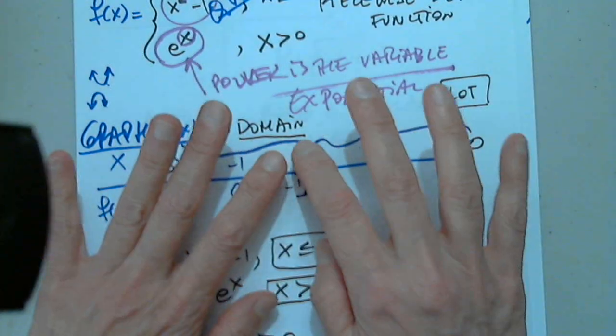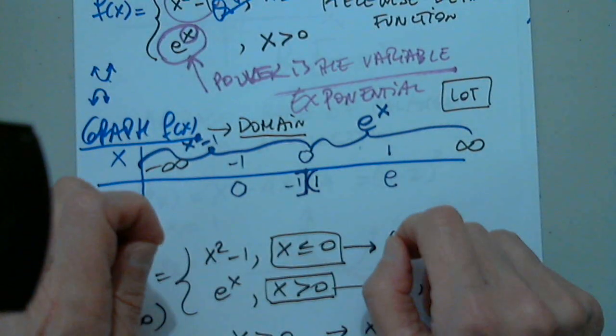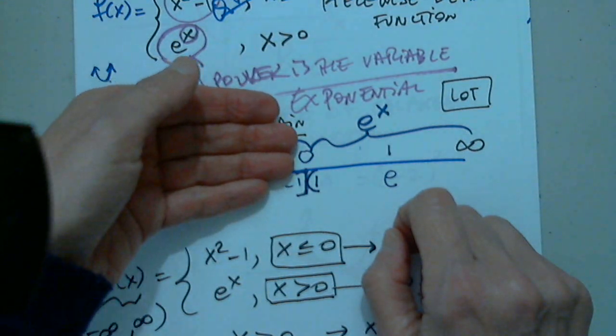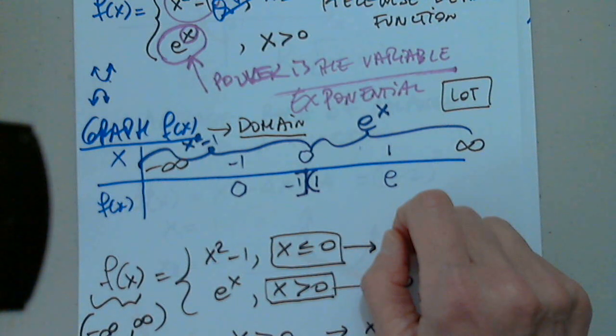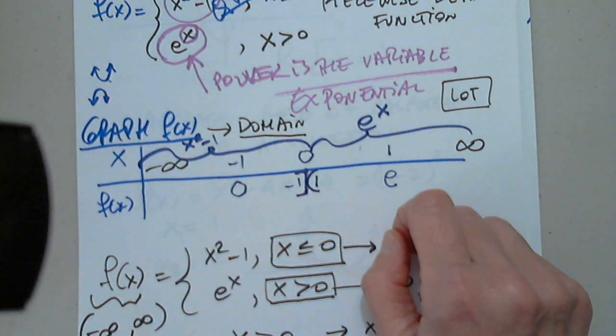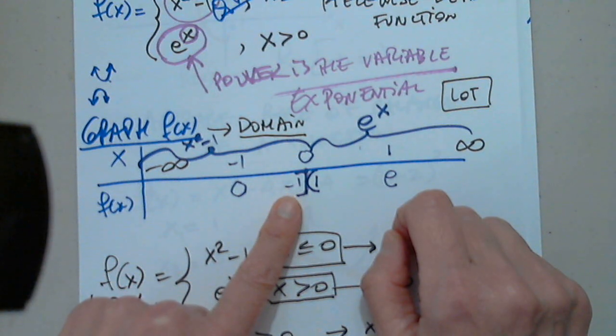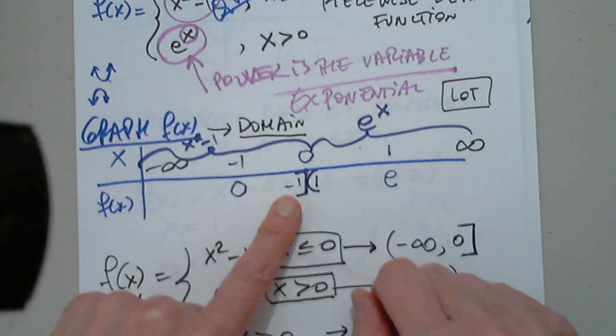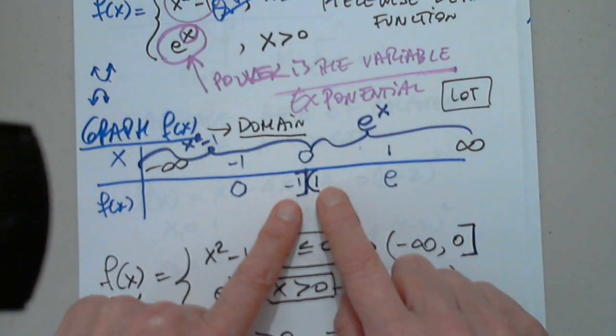Can anyone from my table tell us the limit of this function as x approaches 0 from the left? -1, of course. And the limit as x approaches 0 from the right? 1, of course. And what is the limit from either side?